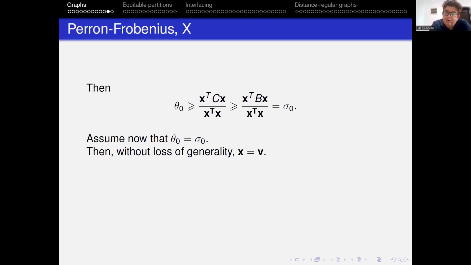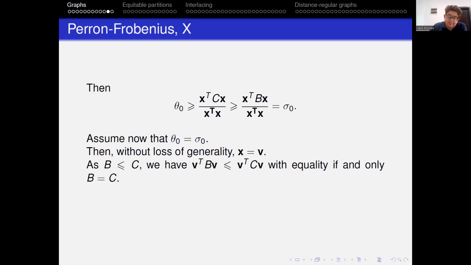Because theta 0 is x transpose C x over x transpose x, and the eigenspace for theta 0 has dimension 1, so it is spanned by phi. So we may assume that we can take x equal to phi. Yes. So we get this equality, yes.